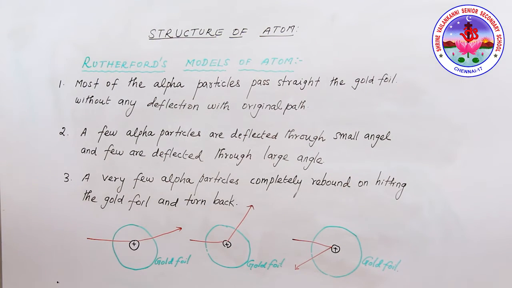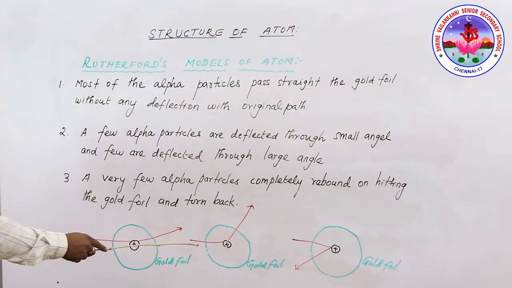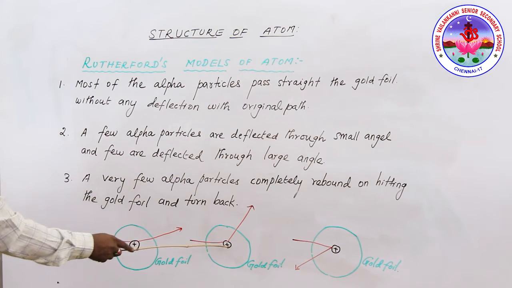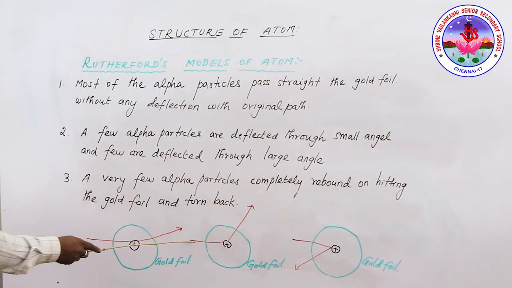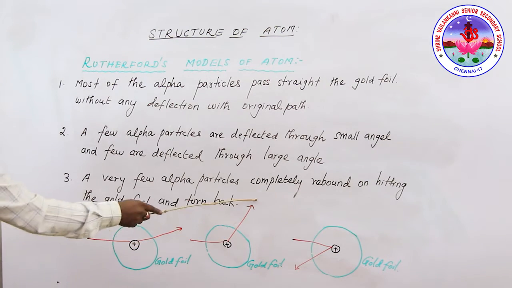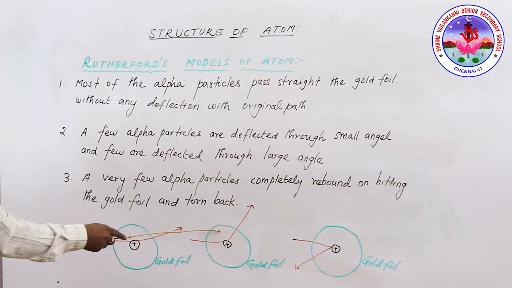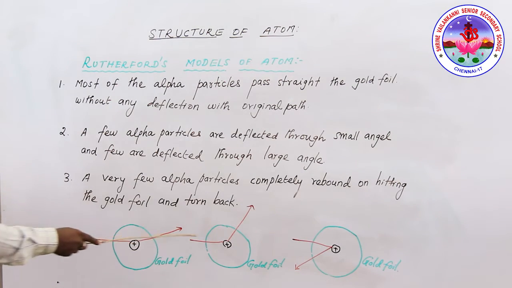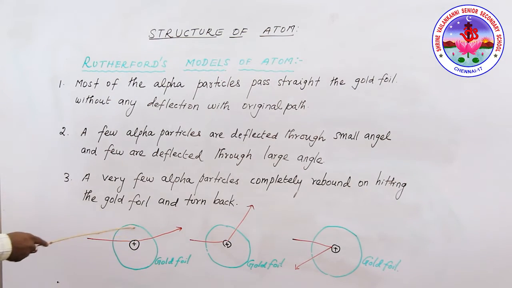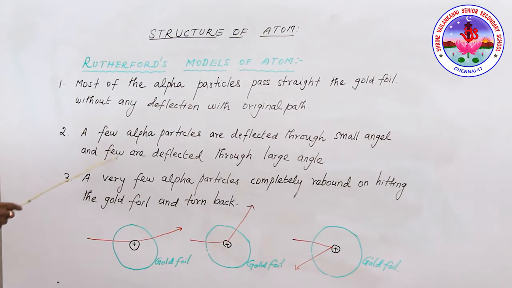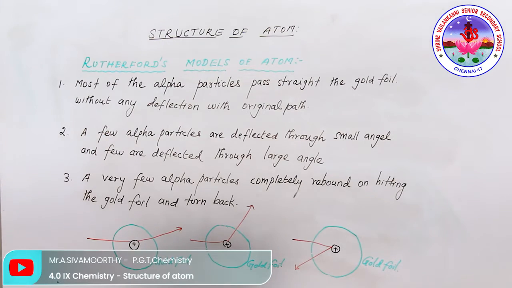That is the second postulate. And a few are deflected through a large angle. See here, at the nucleus, the alpha particles are deflected through large angles. You can differentiate the angle from the first picture to the second picture. Clear? The angle is very small compared with the second picture, right? So a few alpha particles are deflected through a small angle and a few through large angles.